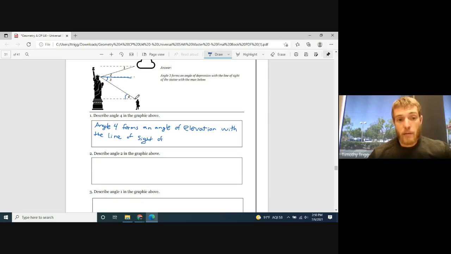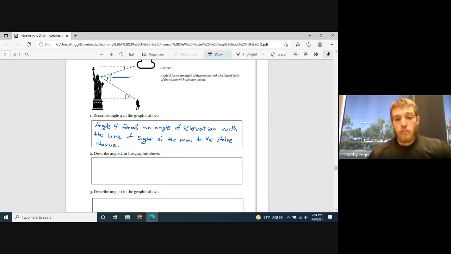The man's line of sight, right? Line of sight of the man to the statue above. Sorry, my writing is not the best. I'm writing with a mouse. Okay.